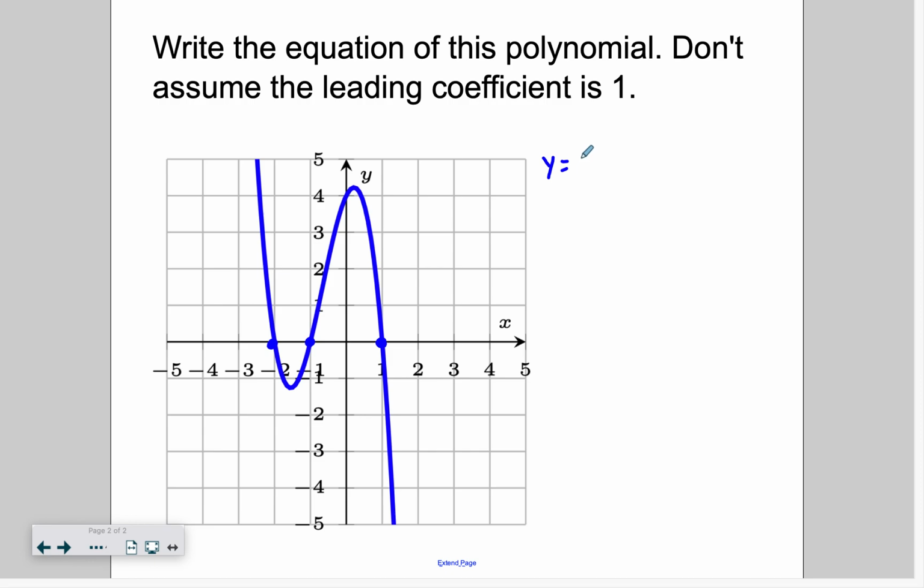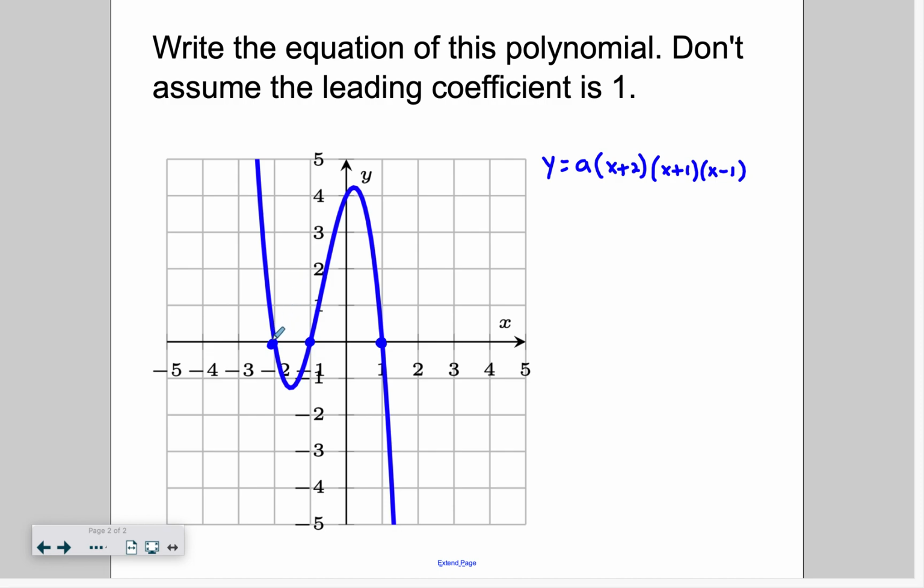So I know that my polynomial is going to be y equals some number a times, now we plug in our zeros, it crosses at negative 2. So x plus 2, because negative 2 plus 2 is 0, x plus 1, and x minus 1. So I know that my function is going to look like this. Those are my 3 zeros.